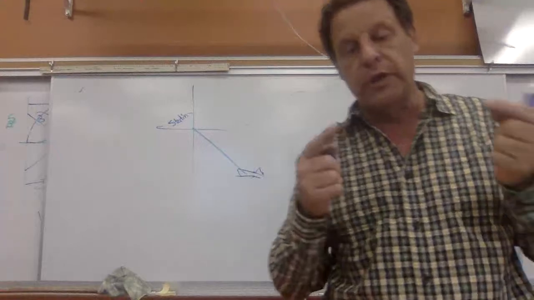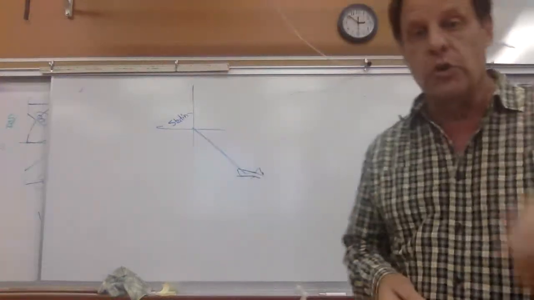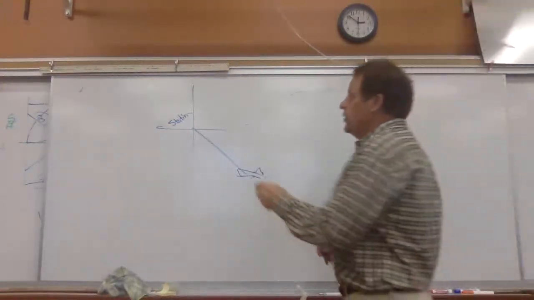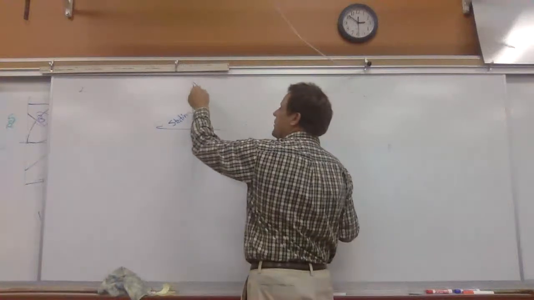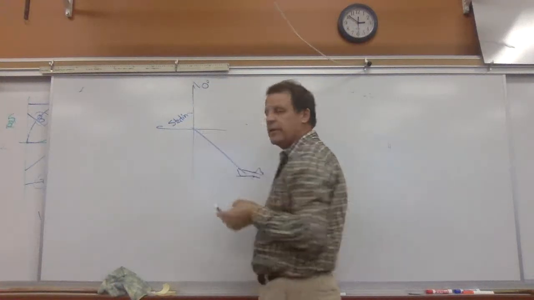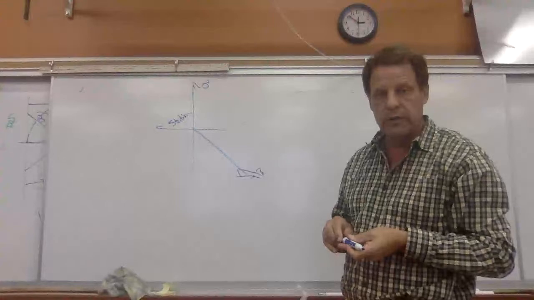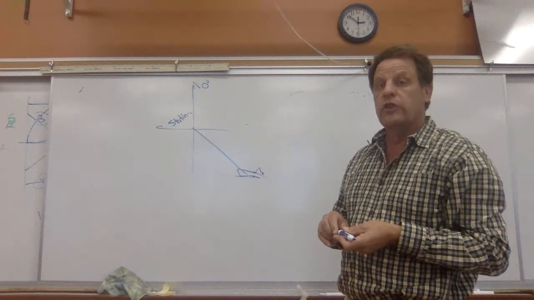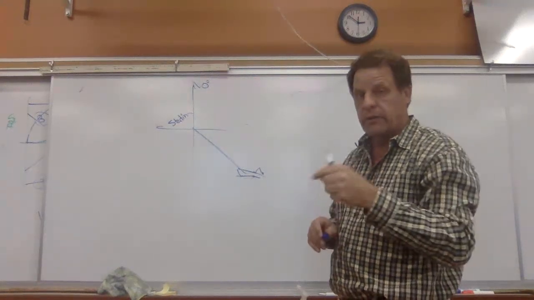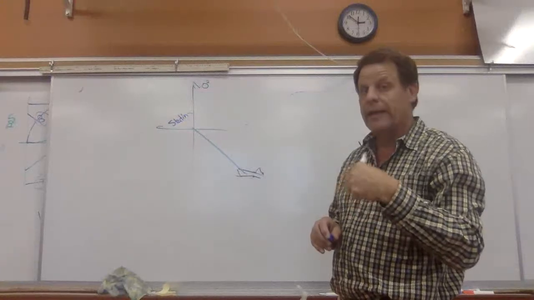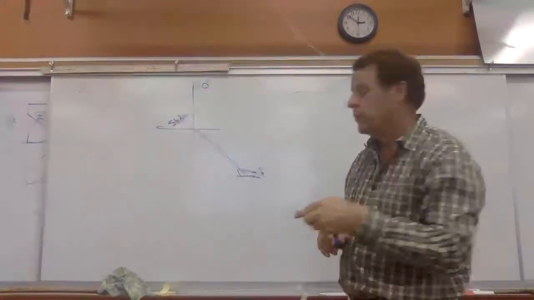So when you hear bearing, you should be thinking north, south, east, and west. And when you have north, south, east, and west, remember that north is your standard position, and that would be 0 degrees. And it's not going to go counterclockwise with the angles like it is in a Cartesian plane. It's going to go clockwise.